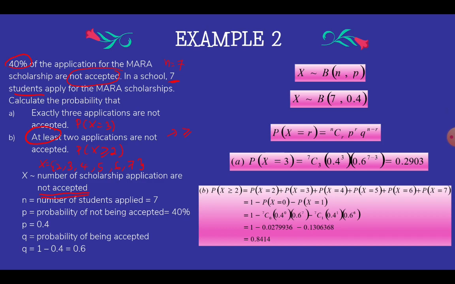We know that the total of the probabilities for all outcomes should be 1. So we will have 0.8414. Can you follow? I hope you can understand. It's quite easy, right? Okay, let's move on.